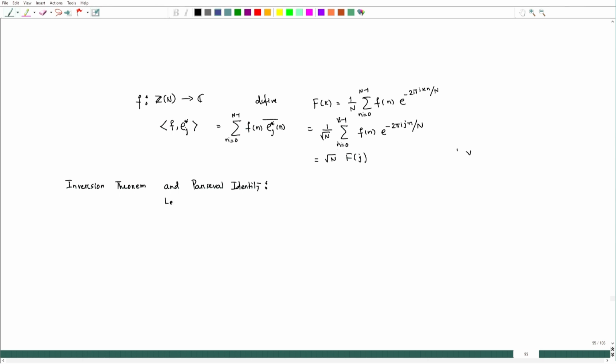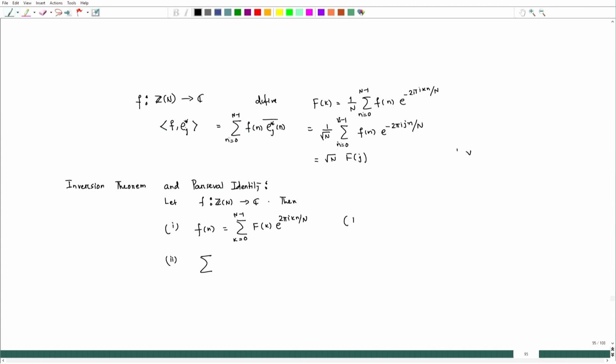Let f be a function from Z n to C, then one is that f of n is equal to summation over k from 0 to n minus 1 of F of k e to the power 2 pi i k n by n. And then the second thing which one would like to have is the Parseval identity.